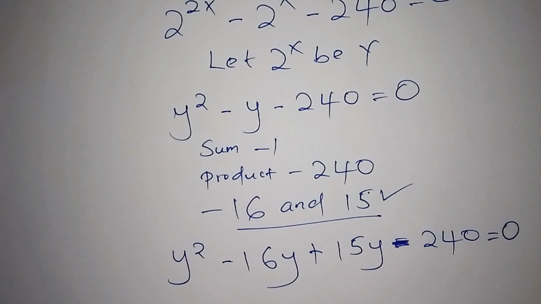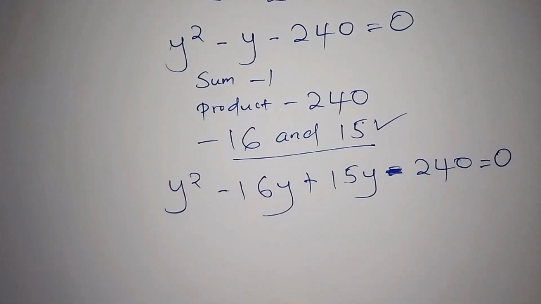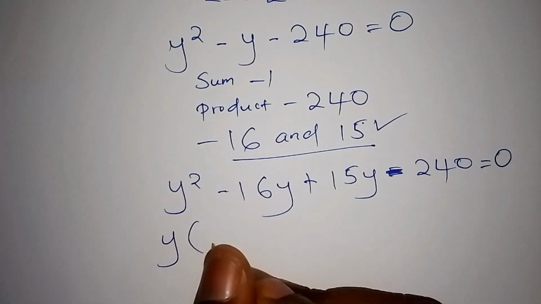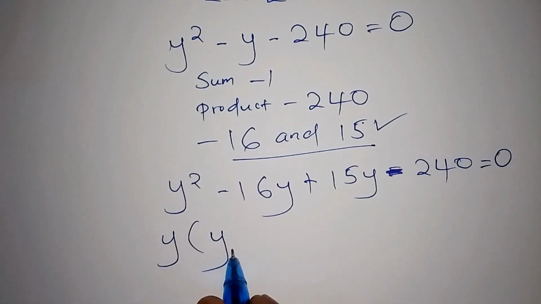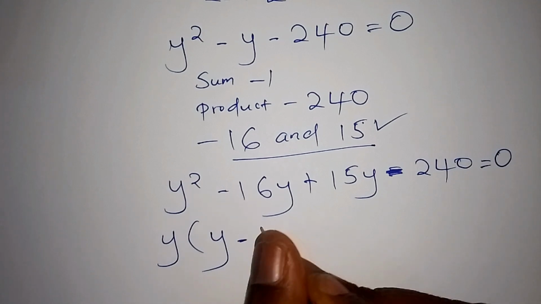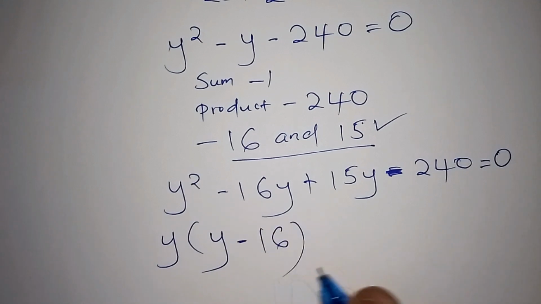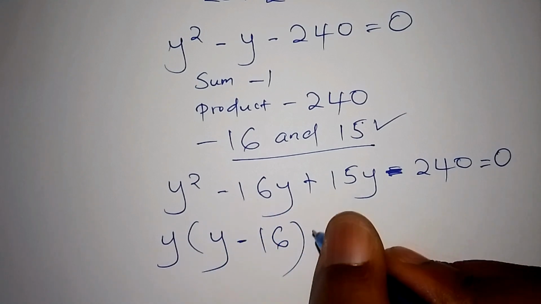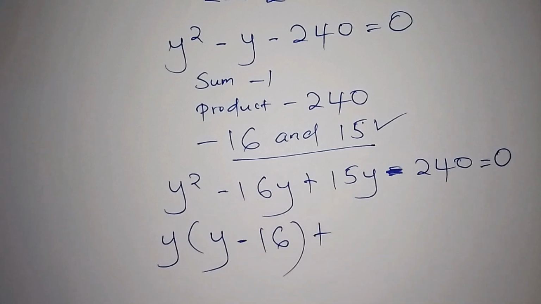So now we proceed, and we have to put them into brackets. So now we shall have y, open the bracket, y, so that y multiplied by y is y squared, then minus 16, then we close the bracket, simply because y multiplied by minus 16 gives us minus 16y. Then here we shall have the sign for addition.